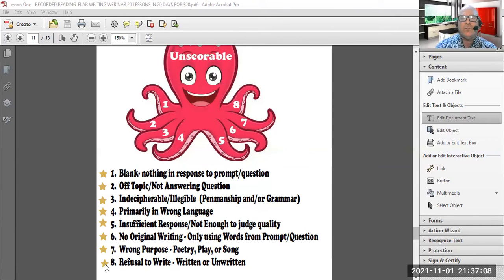If all they do is respond with something derogatory to the teacher or to the reader that's intended to just be a refusal to write instead of answering the question, then the state can give a zero.